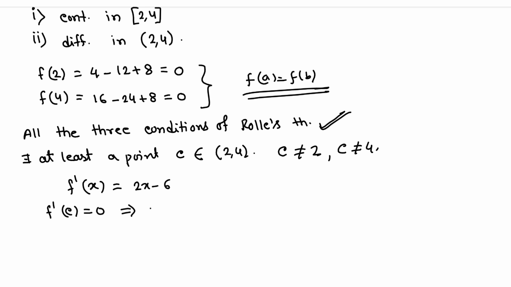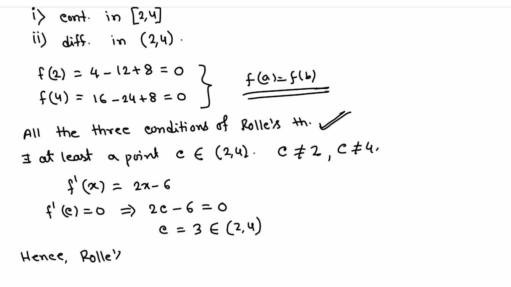That means 2c minus 6 is equals to 0, so c is equals to 3, and 3 is in the interval 2 comma 4, yes or no? 3 is in the interval 2 comma 4, so hence you can say Rolle's theorem verified. Let's solve another problem, almost same type.